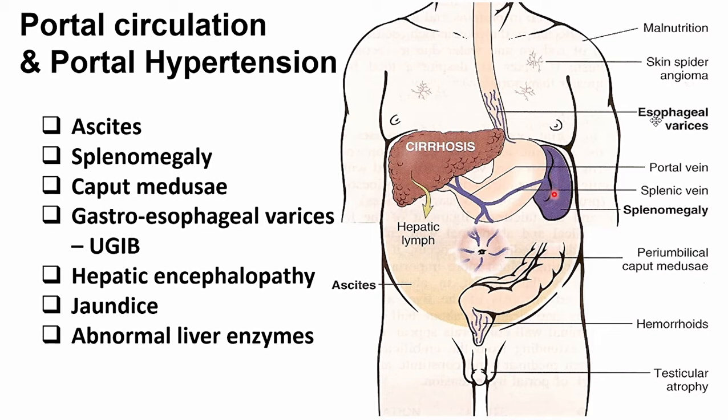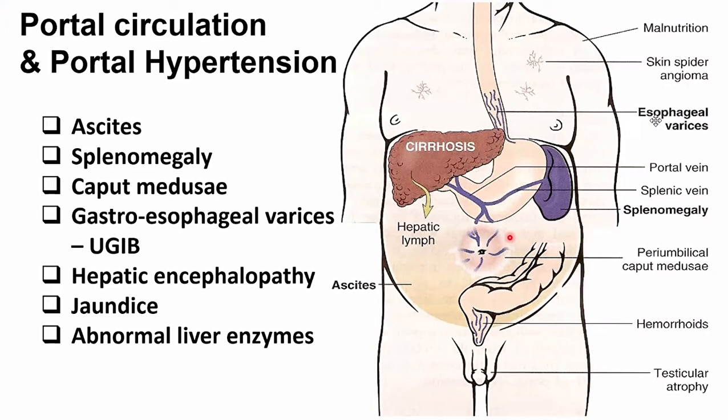Dahil yung spleen is very vascular, nagkakaroon ng splenomegaly. Naalala niyo pa yung umbilical anastomosis? Distended vessels become, we have this caput medusa. Etc.